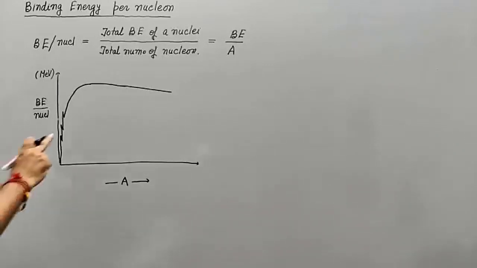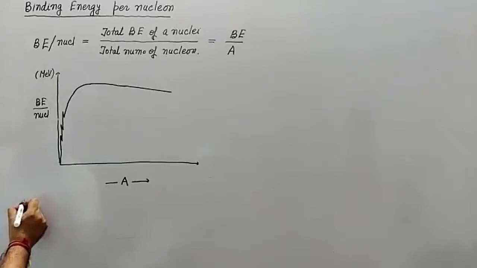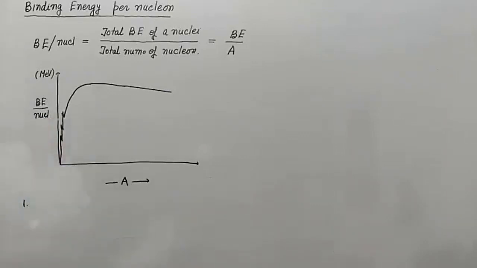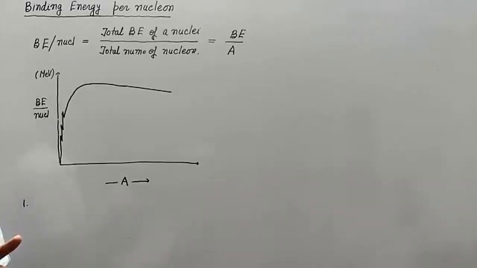The first important observation is these peaks. These peaks represent nuclei which have higher binding energy per nucleon than their neighboring nuclei.